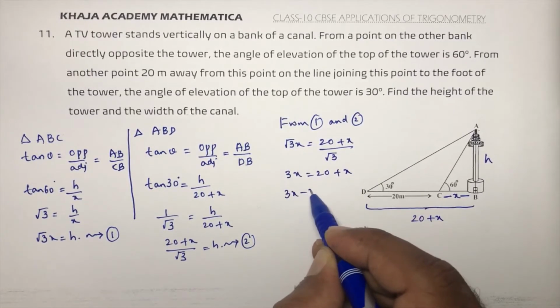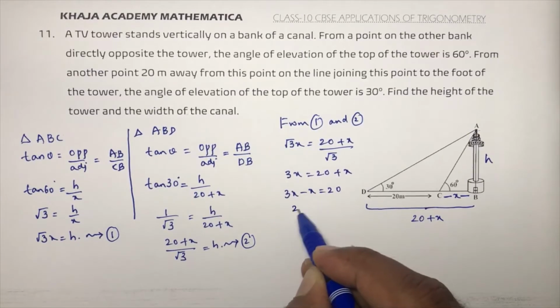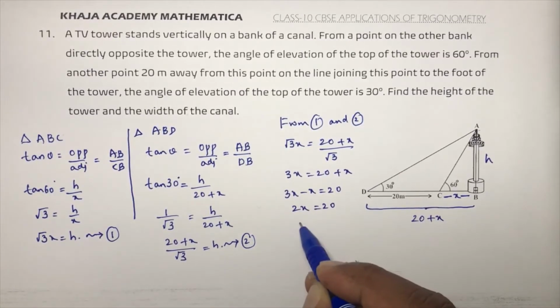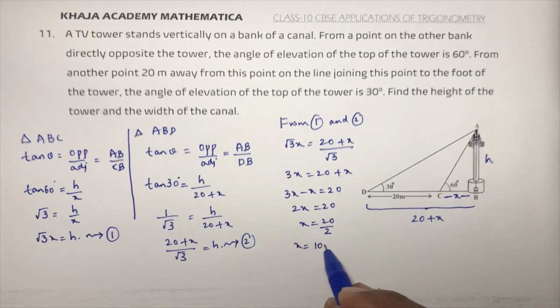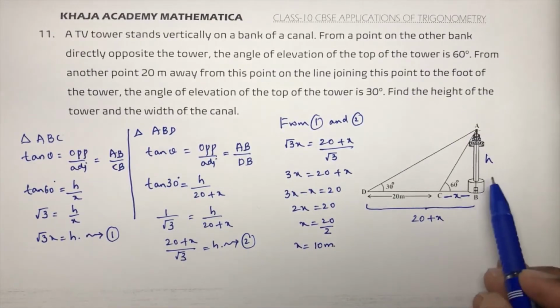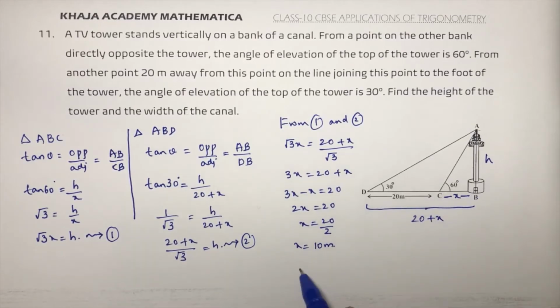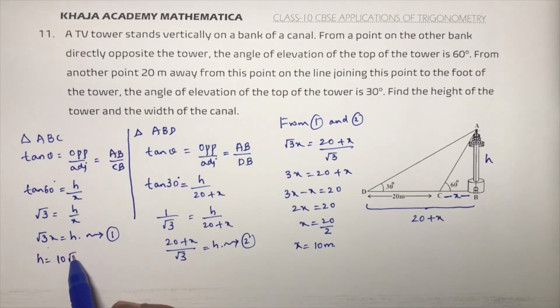On transposing, 3x minus x equals 20, 2x equals 20, x equals 20 by 2, x equals 10 meters. So you got the width of the canal is 10 meters, and that x value will substitute here, h equals root 3 times x, so 10 root 3 meters.